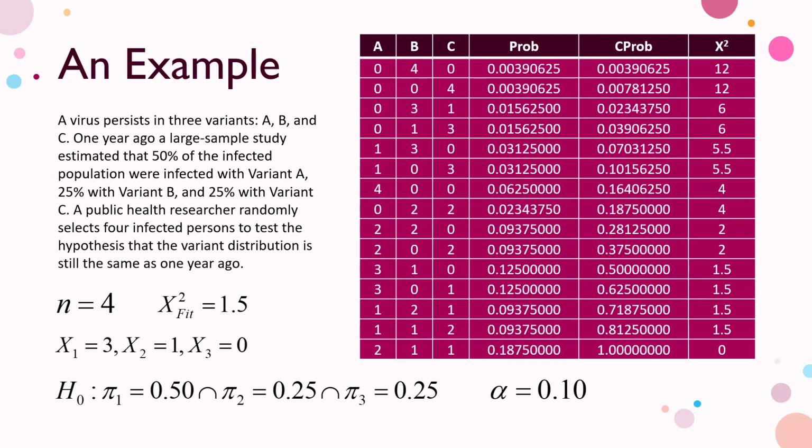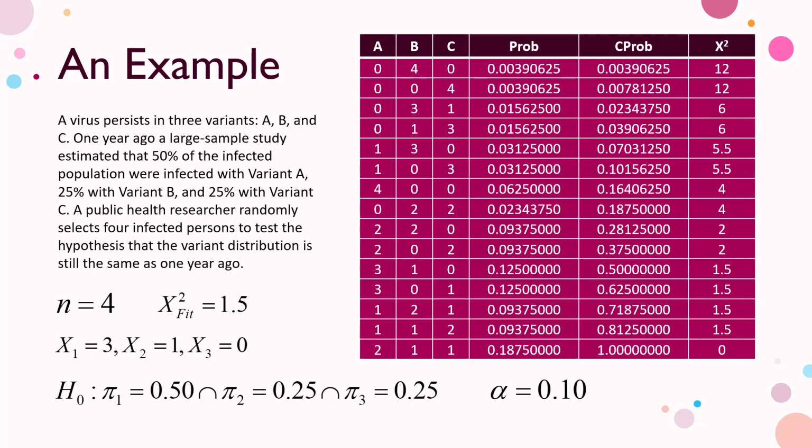In addition to giving the probabilities, in the 5th column, I am showing you the cumulative probability, starting with the highest goodness of fit value. That is in the 6th column, and I have sorted all the arrangements of A, B, and C based upon the goodness of fit statistic. The highest value of the goodness of fit statistic is 12, and the lowest value is 0, the lowest value indicating that we have a perfect fit with what we expected under the null hypothesis.